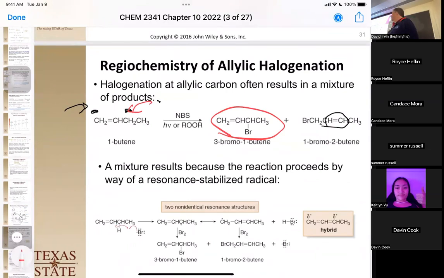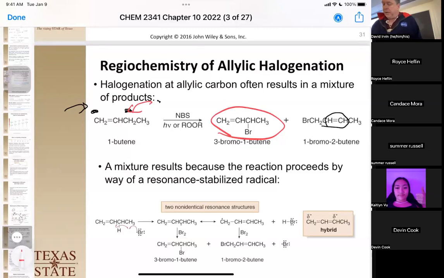The 1-bromo or the 3-bromo? Wouldn't the more substituted double bond be the more stable one? So the 1-bromo is probably going to be one of the major isomers, because it has two substitutions on it. The other has only one substitution on it, so it's probably going to be a little more stable.